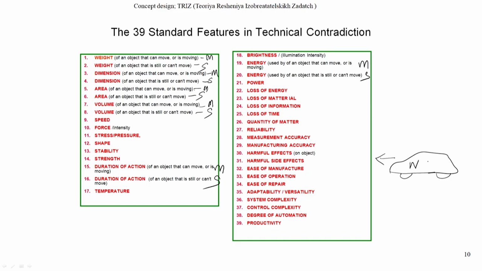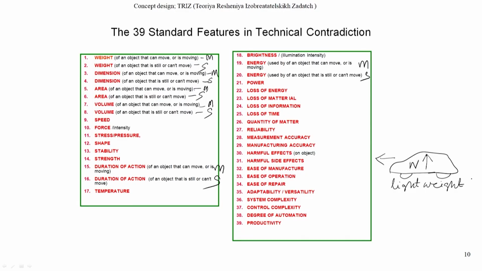Whatever I want to improve, I give an arrow that I am trying to improve it. So, improving the weight means I am trying to make it lightweight, with which I can have a contradiction about it.